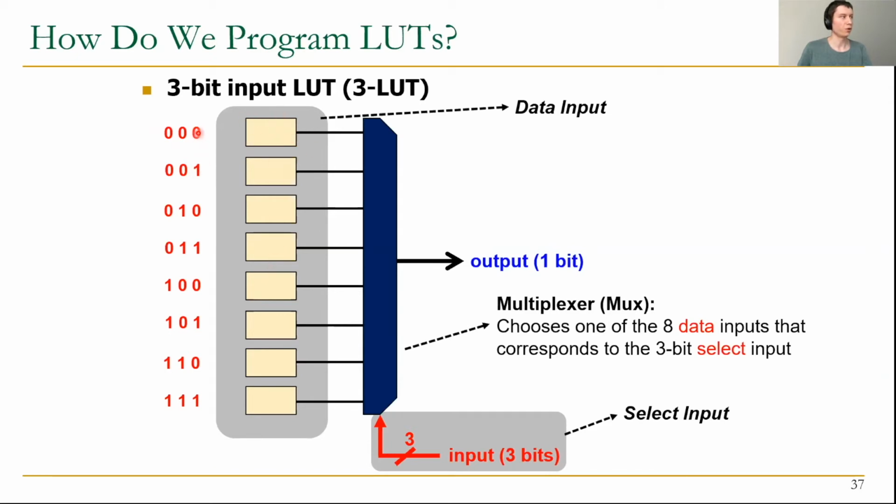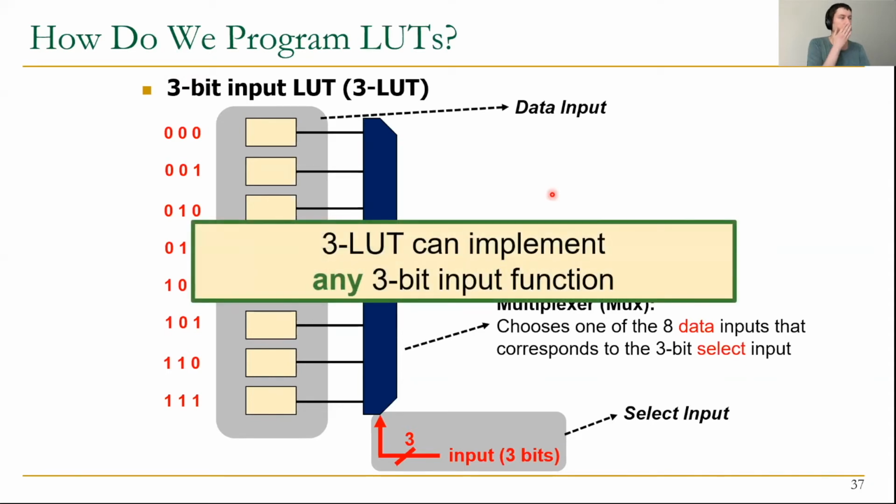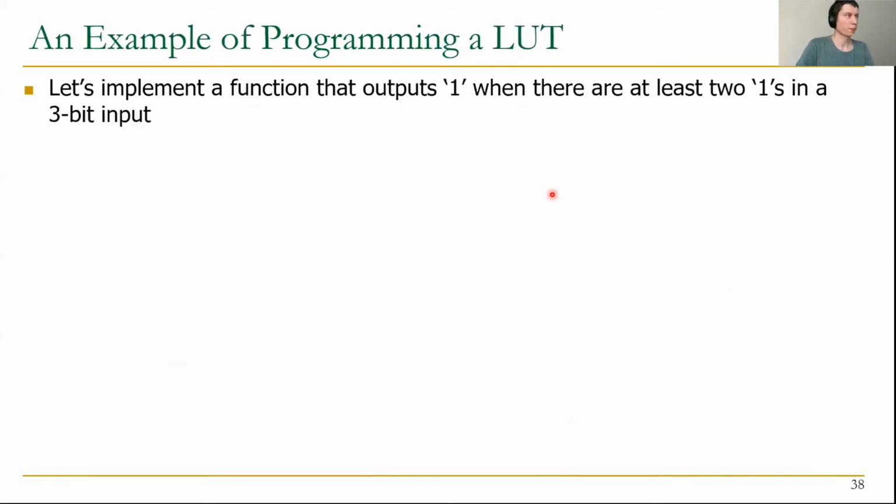For instance, if all 3 bits are 0, whatever is written in this data input will be the output that you'll see. Okay, so let's get to the example. It will be more clear. But with a 3-bit lookup table, you can implement any function that gets 3 bits as an input. And hopefully you will be convinced after this slide that that's true.